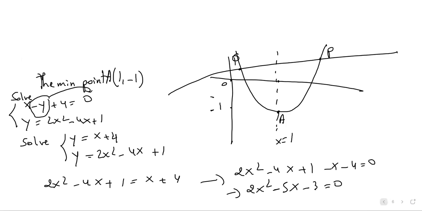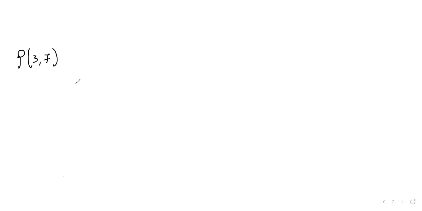Right. Now, in the question, they told you that one of the solutions is the point (3, 7). So I know very well that this equation, 2x squared minus 5x minus 3, has one of the brackets as x minus 3, because 3 is one of the solutions.